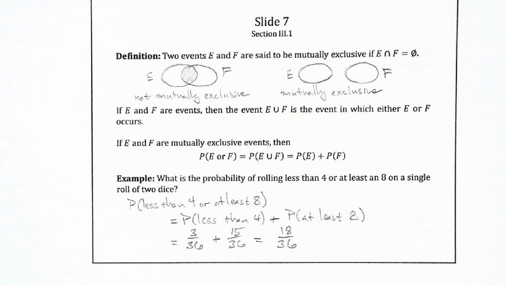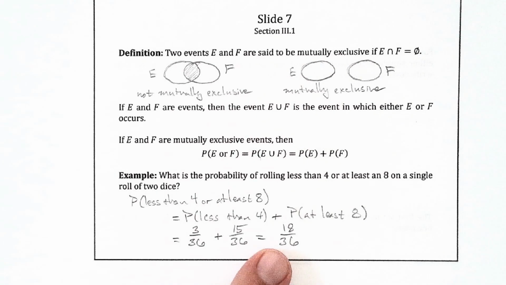But often I just leave it as a fraction without even reducing it, because it's often helpful to remember the size of the sample space. So 18 out of 36 in some ways might be more useful than 1 over 2, even though it is 1 over 2, and for some other things that 1 over 2 would be better.